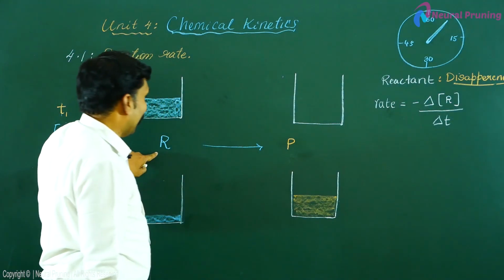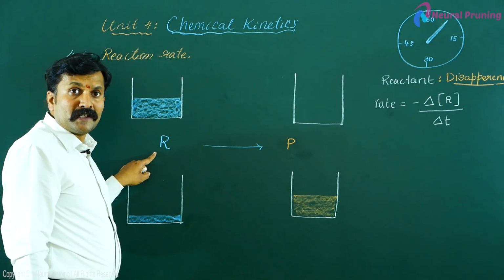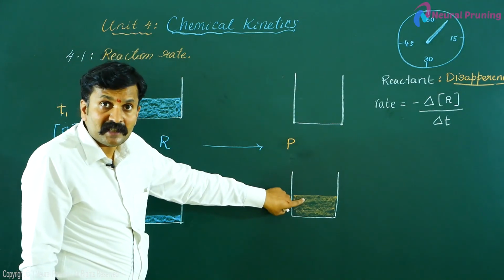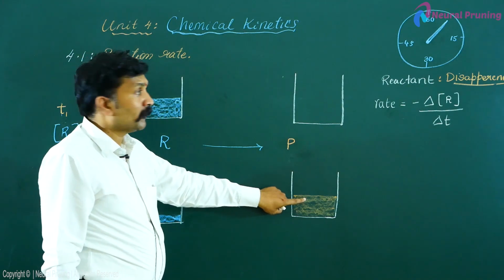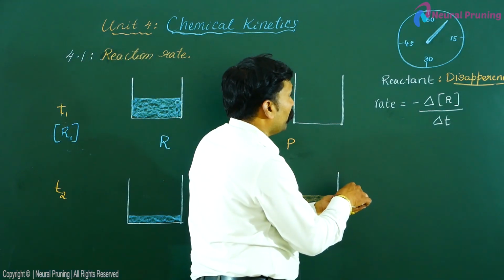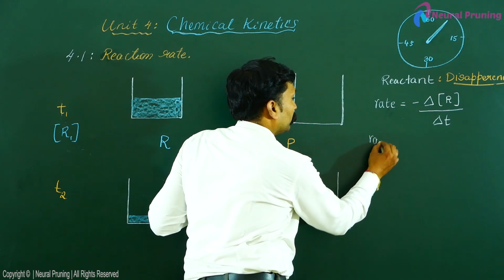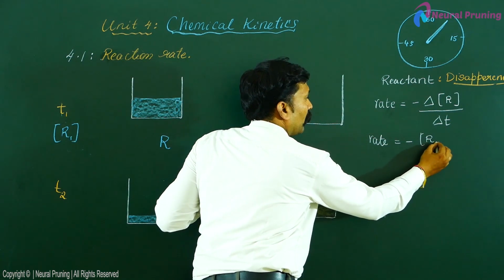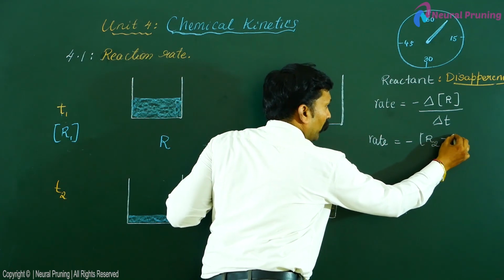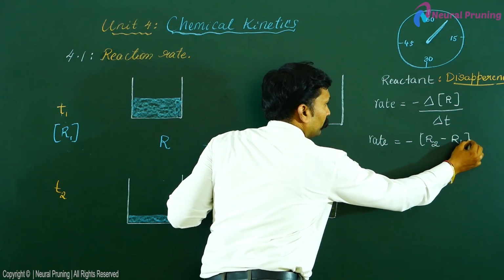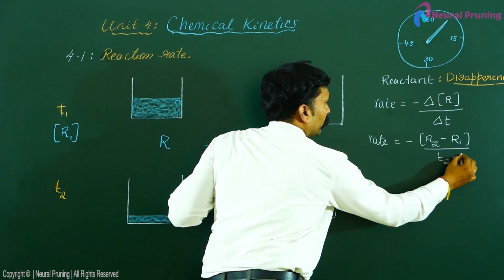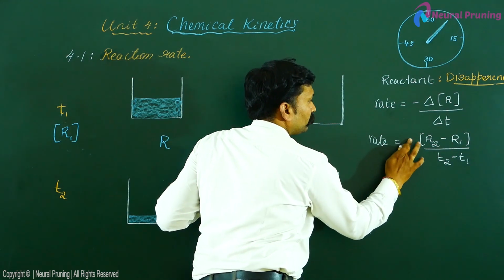When we observe this reaction, we use the word disappearance of reactants and appearance of products. So here the rate is given as minus of R2 minus R1 by T2 minus T1.